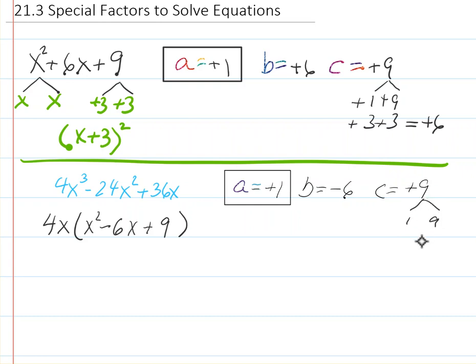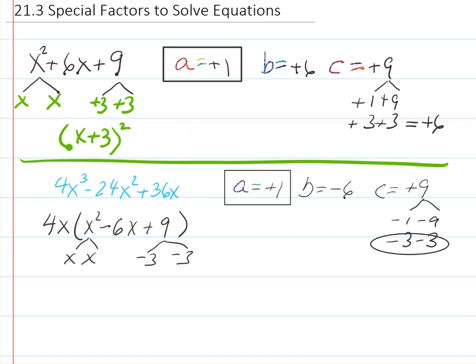What I know is this time I want to multiply two signs together that give me this positive, but when I combine them, give me this negative. And if you go to that little cheat sheet, you'll see that the two signs have to be negatives. By now your brain should be finely tuned where you say, hey, that's the combination I want right there. So come over here and do negative 3, negative 3, x, x.